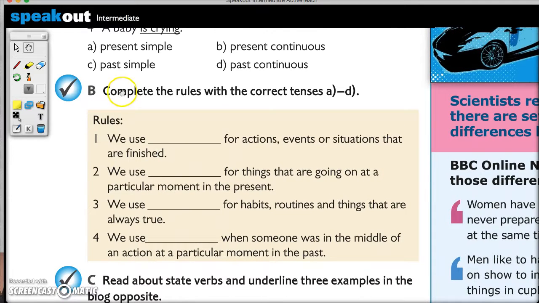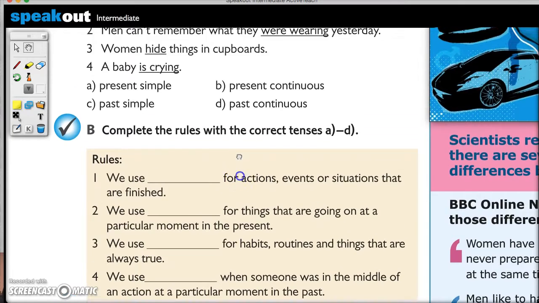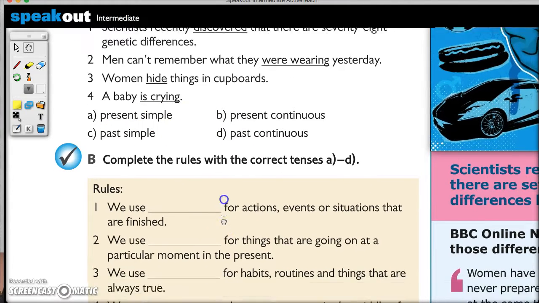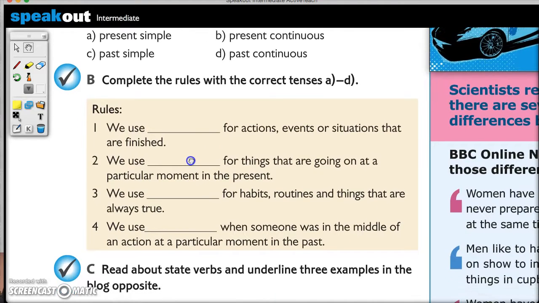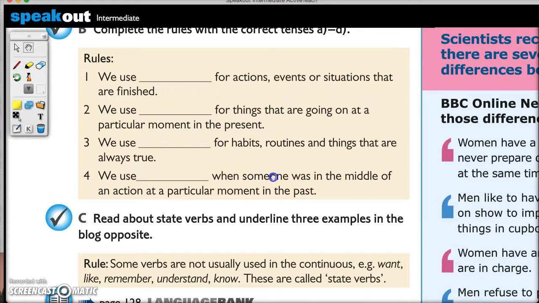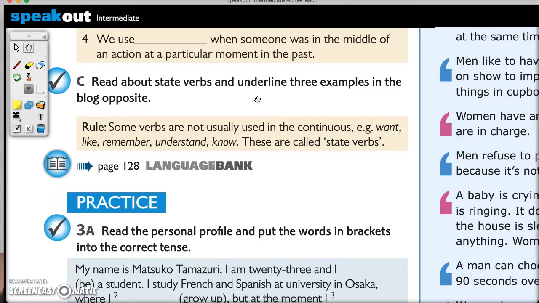Next, you will have to complete the rules with the tenses that we used here from A, B, C, and D. You put them in the gaps here, and here you've got rules for you to remember and review what these four tenses are used for mostly. I mean, they have other uses, but those are the most important uses of those verb tenses.